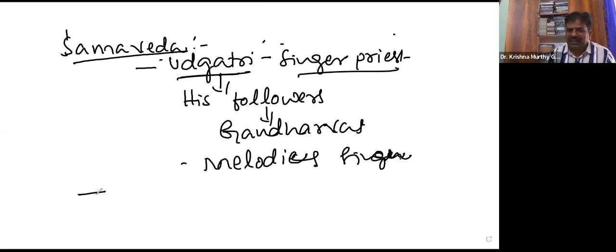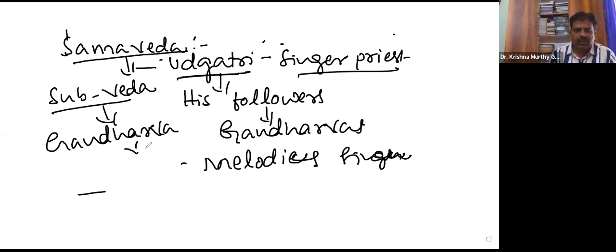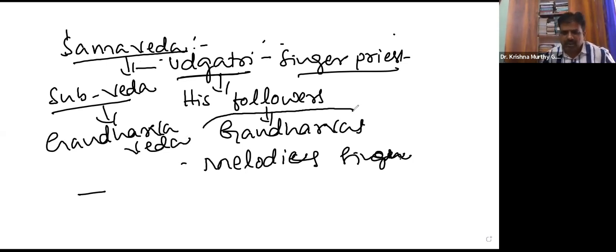Therefore, it has its own sub-Veda. The sub-Veda or branch Veda of the Samaveda is Gandharva Veda. Gandharva Veda is the sub-branch of the Samaveda, because Gandharvas were the musicians of the Vedic period.